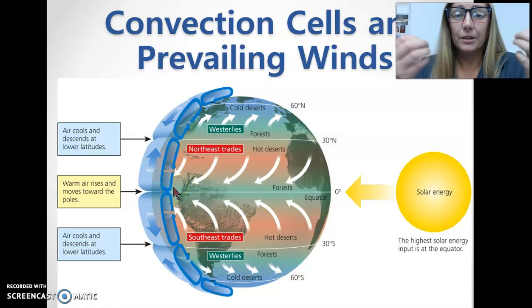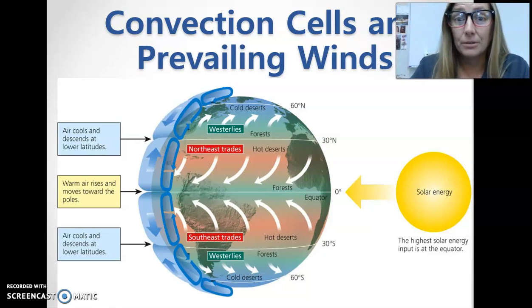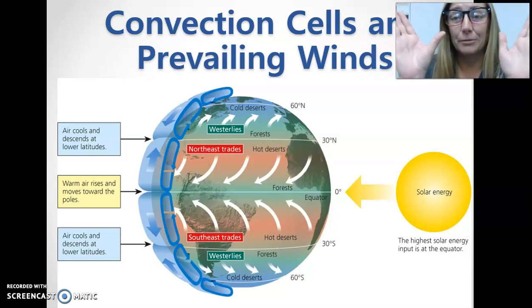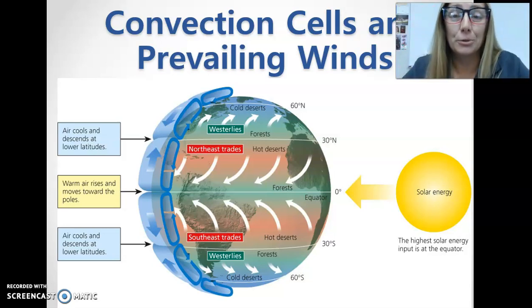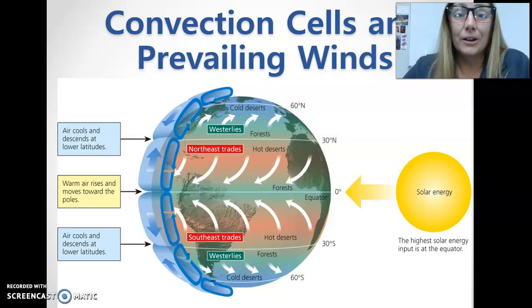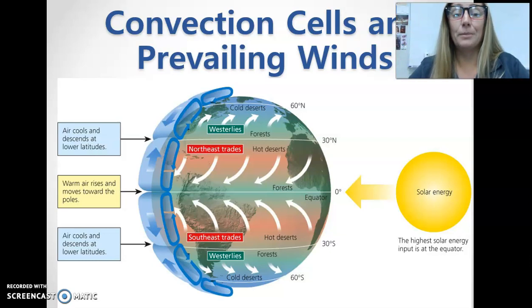So in the Hadley cell, you've got warm air rising off the surface, and as it rises, that air is also wet or moist or humid, whatever word. And that moisture, as it rises, cools and condenses and comes down as rain around the equatorial regions. And then that air gets a little bit drier and a little bit cooler because it's up high in the atmosphere.